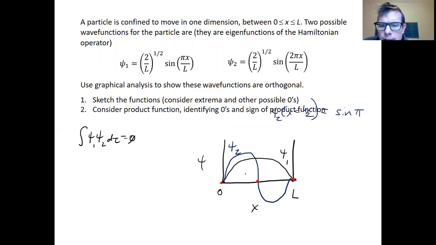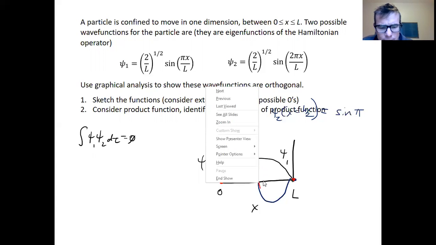In between, in this region, psi 2 is positive, psi 1 is positive, therefore the product is going to be positive. And in this region, psi 1 is positive, but psi 2 is negative. Therefore, the product is going to be negative.